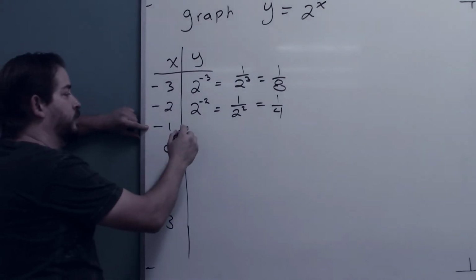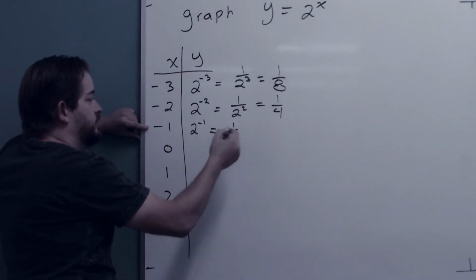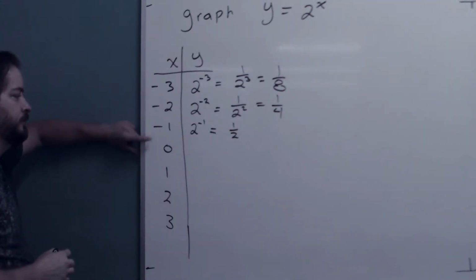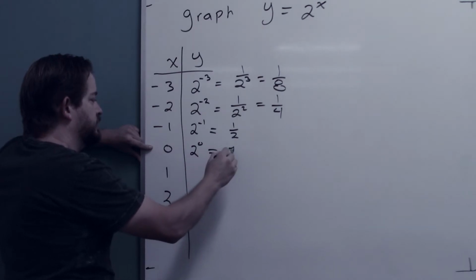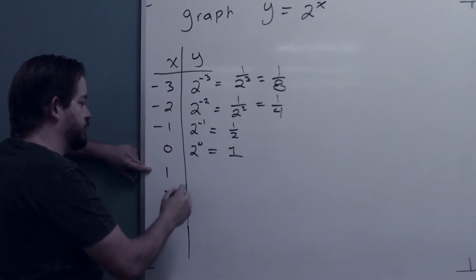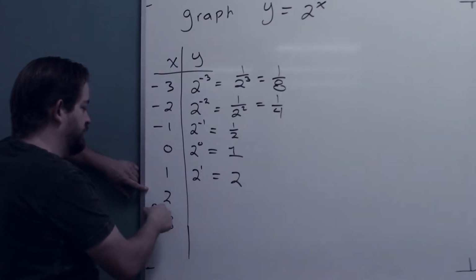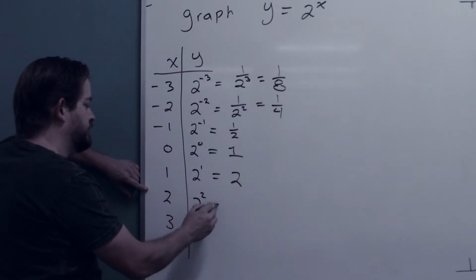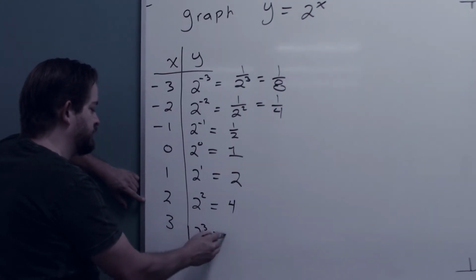If x is -1, then I have 2 to the -1, which is 1/2. If it's 0, I've got 2 to the 0, but that's just 1. If x is 1, y is 2 to the 1, which is just 2. If x is 2, then y is 2 to the 2, which is 4. If x is 3, y is 2 to the 3, which is 8.